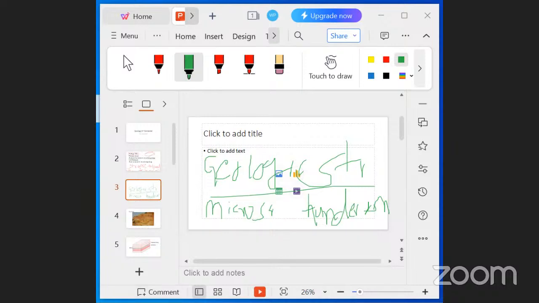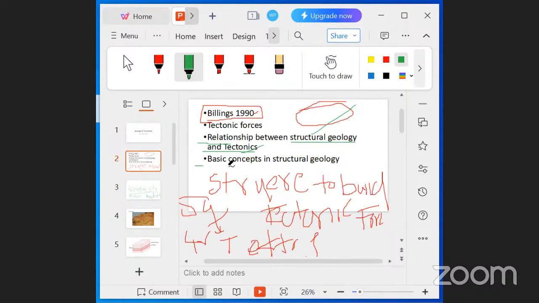Now, basic concepts of structural geology. Let us get familiarized with some of the basic concepts before we study the various geologic or rock structures, like faults, folds.